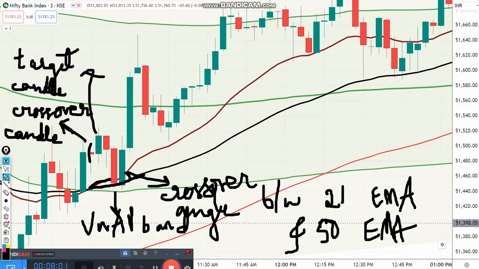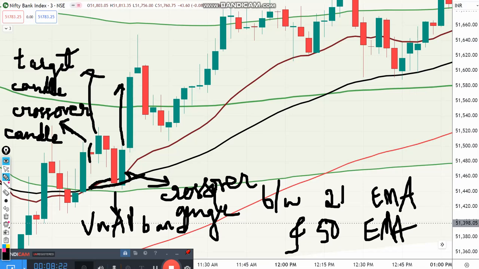After receiving support from the 100 EMA, this candle was formed inside the VWAP band, and there was a good crossover angle between 21 and 50. So this went up to the VWAP.